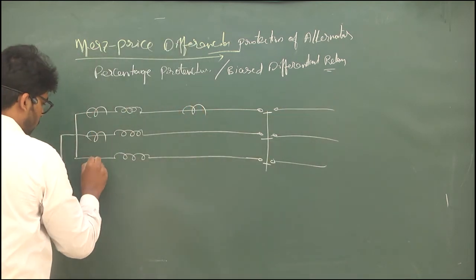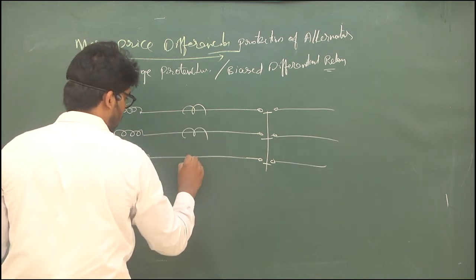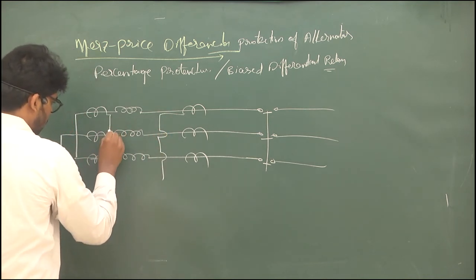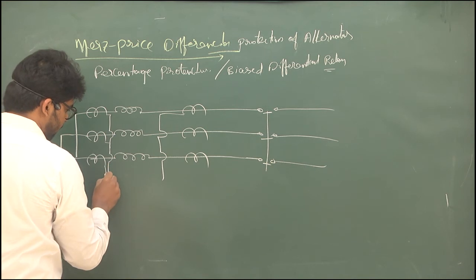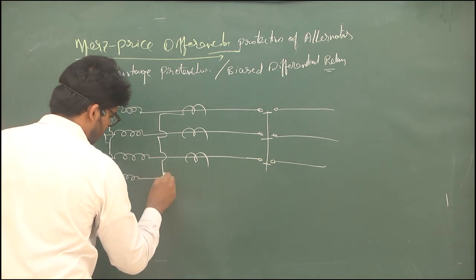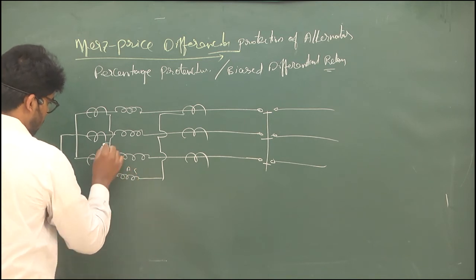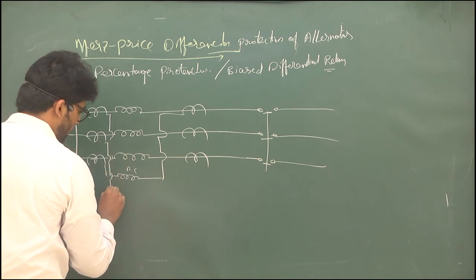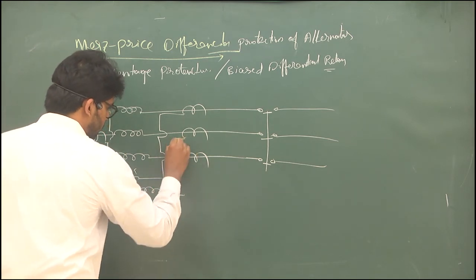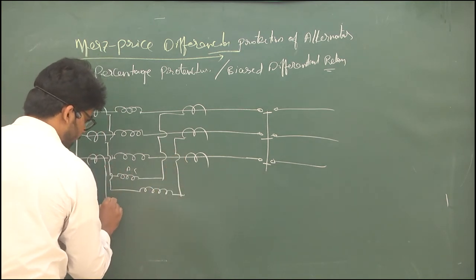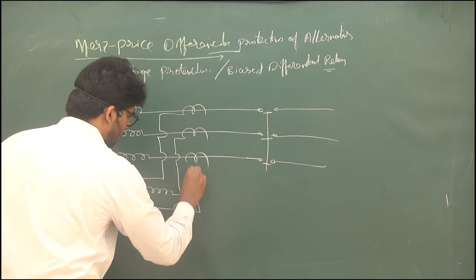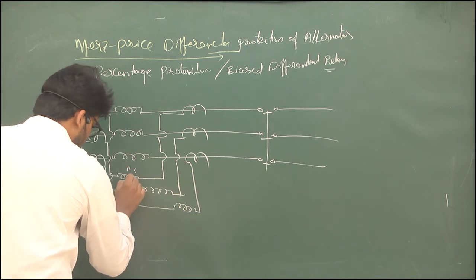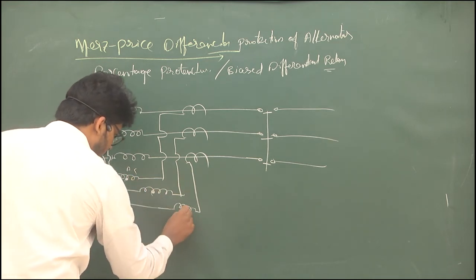Now we'll move to this. Now what happens is we will connect this to the restraining coil. This is the restraining coil of this CT, and this is another restraining coil, and these N terminals are shorted, and at this middle point we have to fix that.